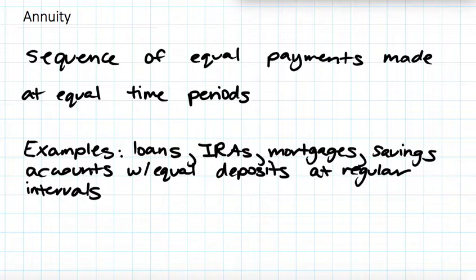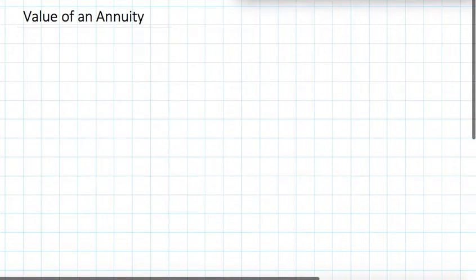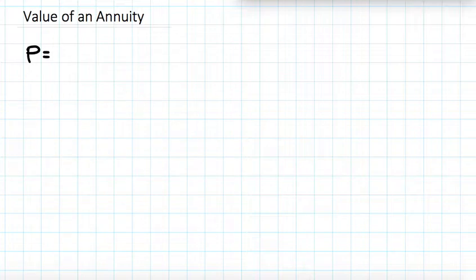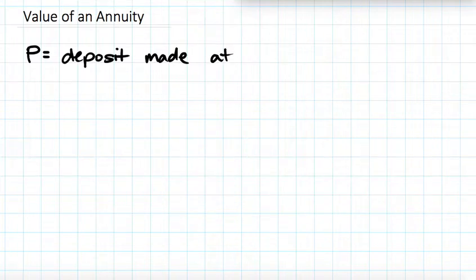So the formula for the value of an annuity, we have some variables that we've already seen. Our P in this case, instead of just being the amount that's deposited once, is going to be the deposit made at the end of each compounding period. So usually it'll be something like yearly or monthly.